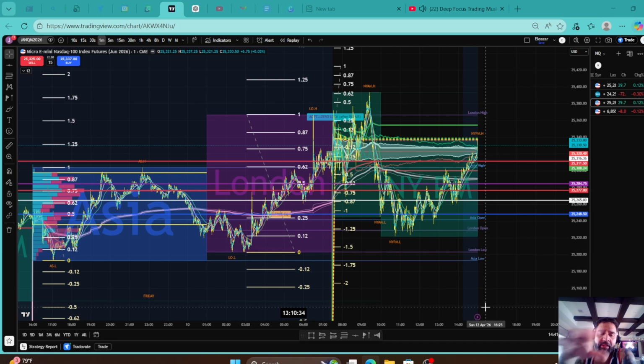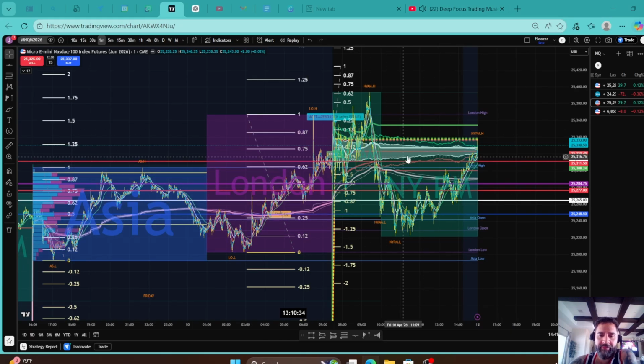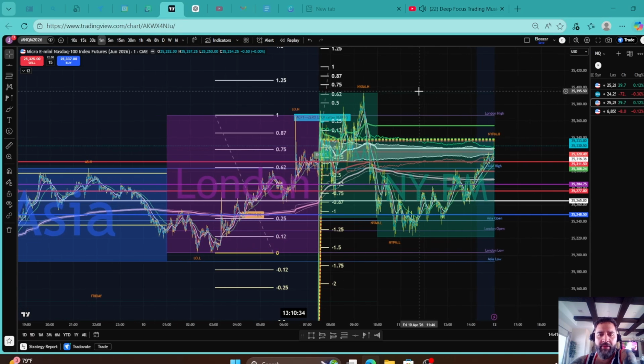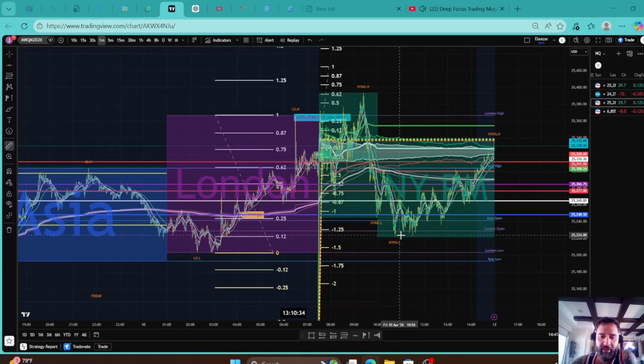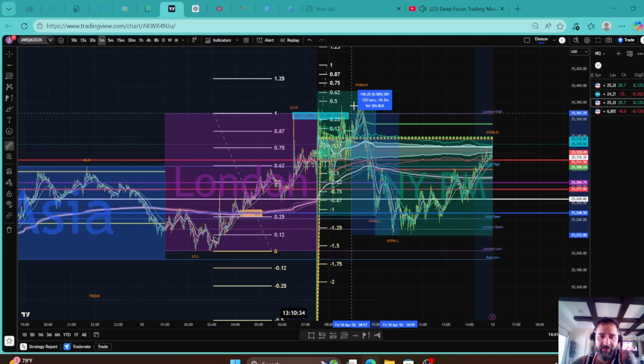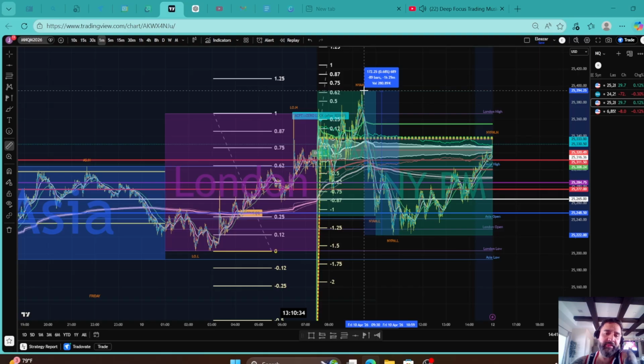And if you know anything about liquidity, it's going to have a certain target. You're not going to be able to see it, right? And I'm trying to gather my thoughts because on Friday I had them here. But if you look at this here, the move, look at that, 172 points.